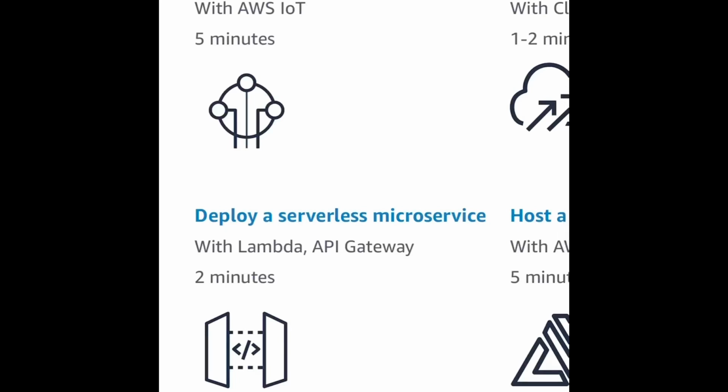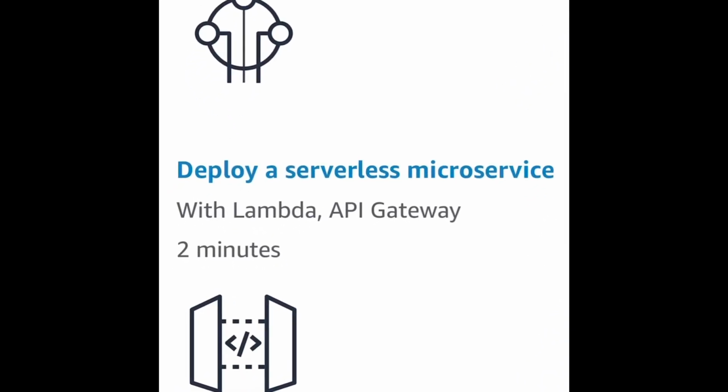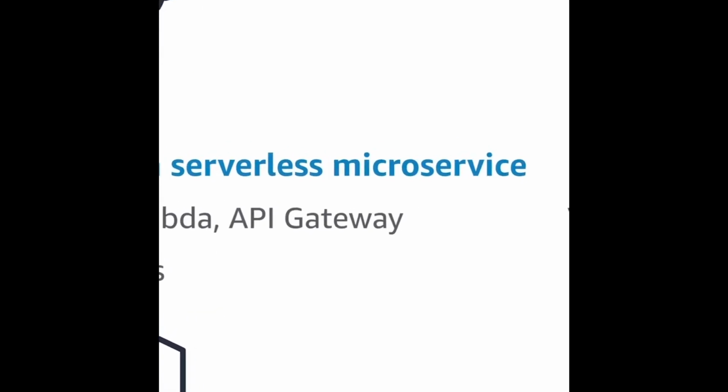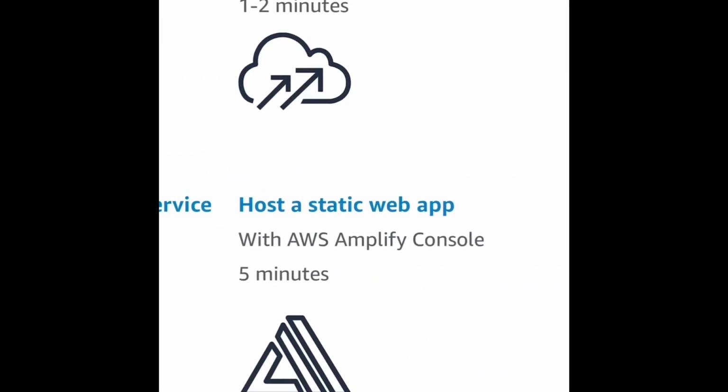Lambda is serverless, but when you are deploying, then you need API Gateway. This is very important to know. Lambda deployment by API Gateway takes only 2 minutes. Easy. For the serverless method, Lambda is very smart.